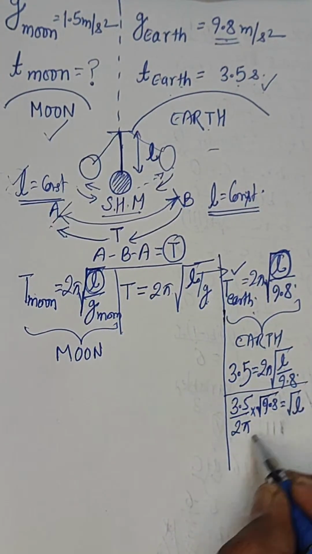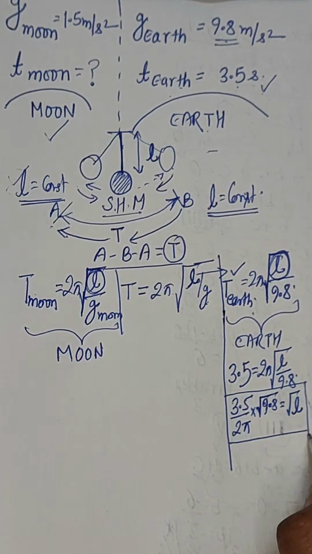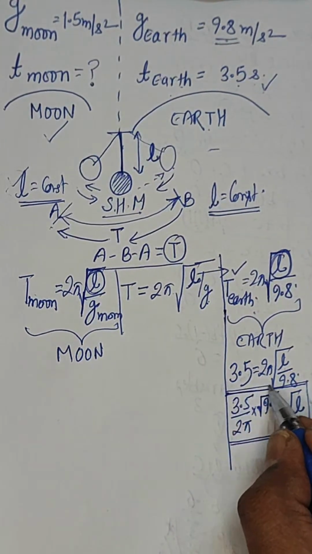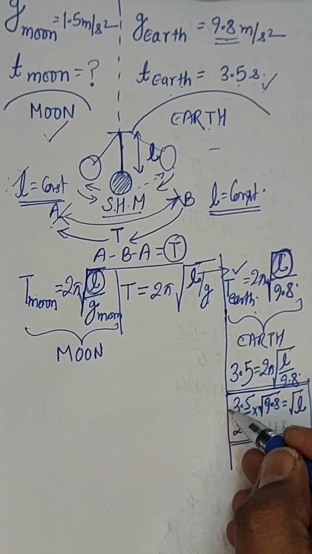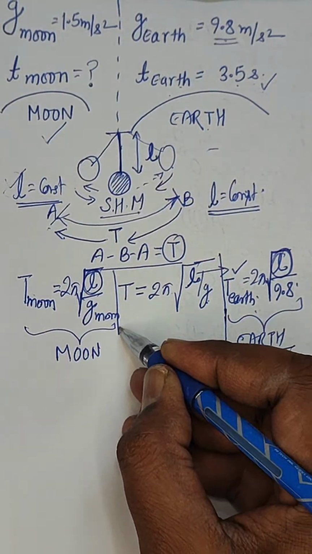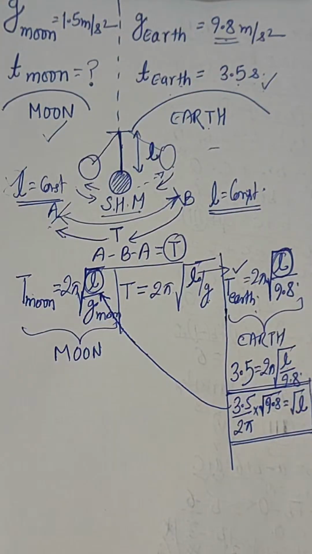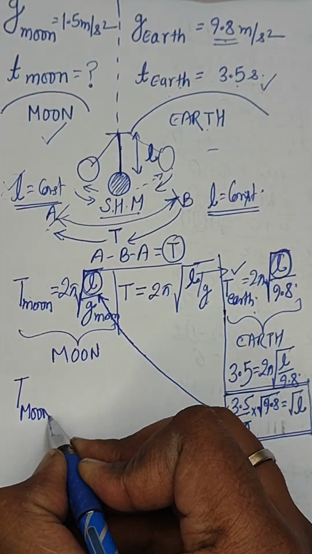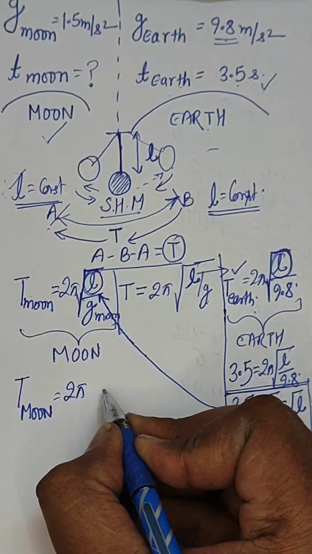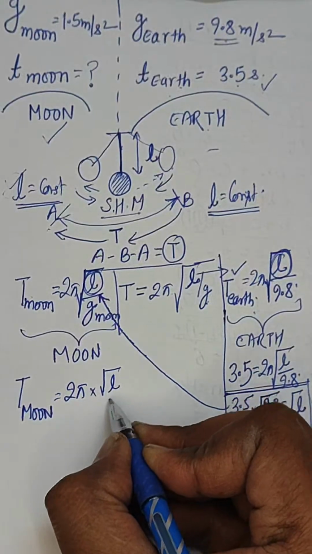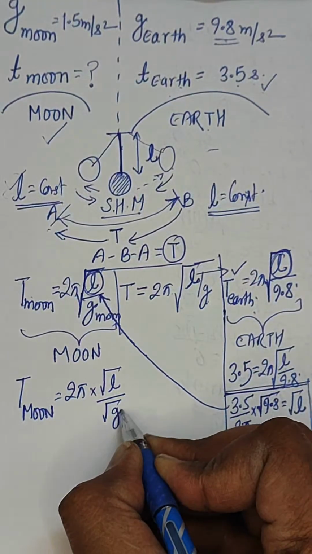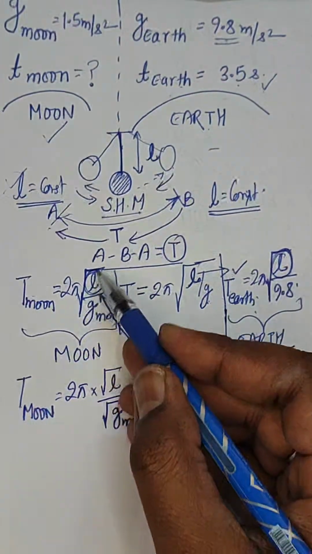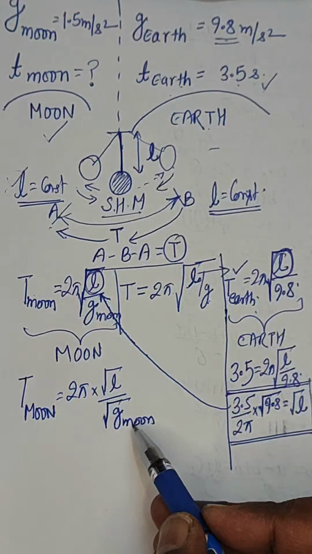Now this data can be used for the time period calculation on the moon. When we put this value in place of root L, the time period of oscillation on moon will be equal to 2 pi into root over L divided by root over g. Root under L by g can be written as root over L by root over g.